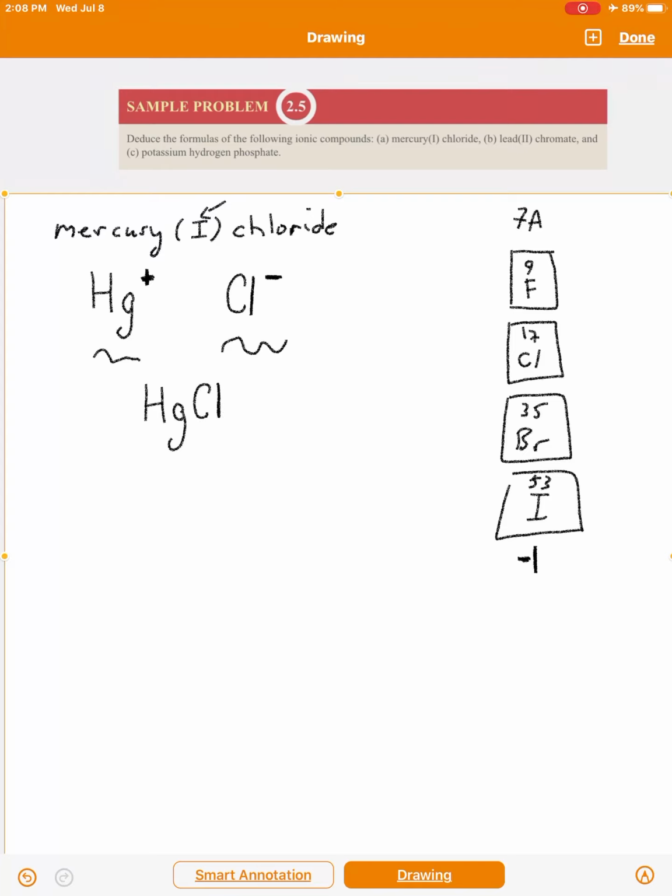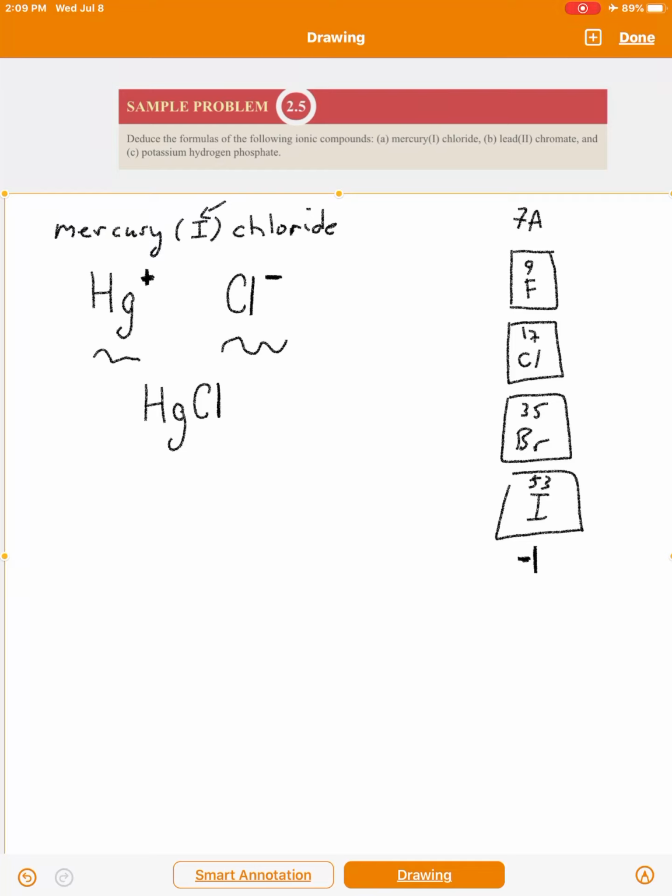If the charges have the same magnitude, +1 -1, or +2 -2, or +3 -3, then they will combine in a 1-to-1 ratio. So all we have to do to write the formula of the compound is just to write the symbols next to each other. This would be the formula for mercury 1 chloride.